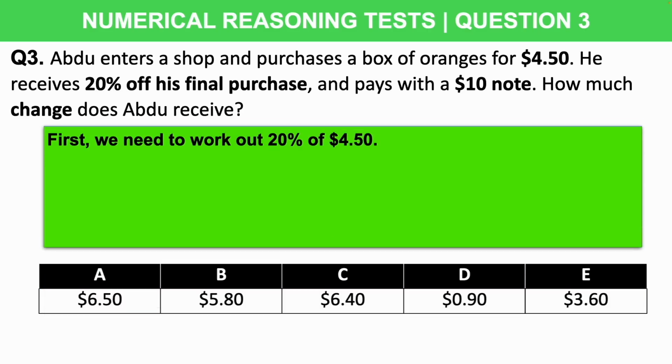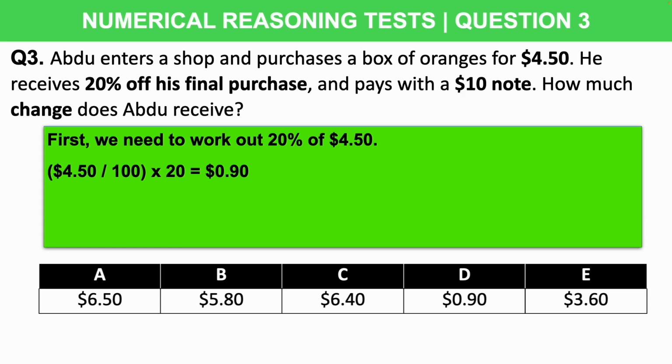Now, to work this question out, we first need to work out what 20% of $4.50 is. To do that, we simply do the following formula. $4.50 divided by 100. We do it by 100 because it's a percentage, it's out of 100. Once we work out what $4.50 divided by 100 is, we can just move the decimal place by 2 places to the left.